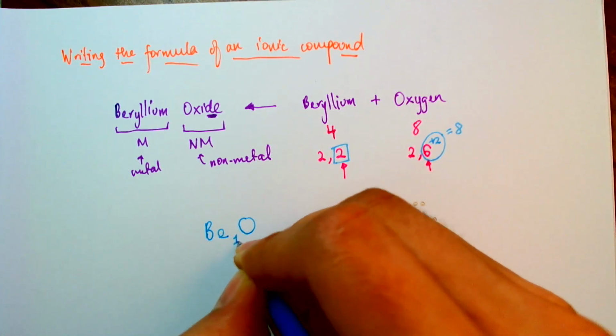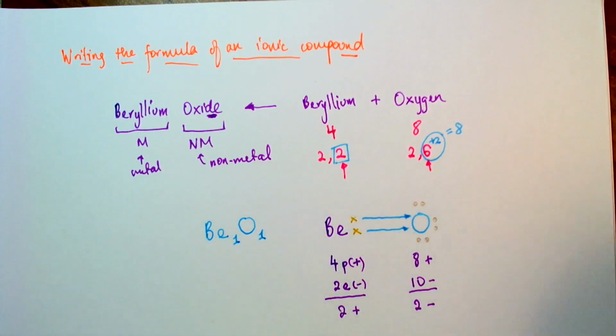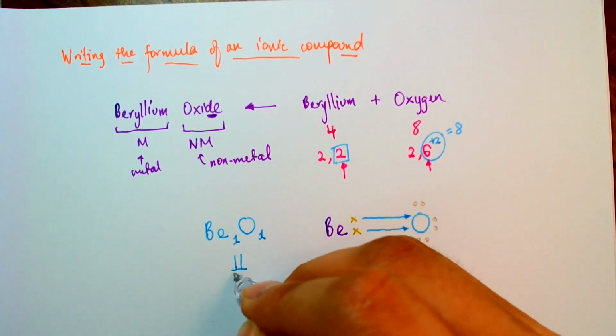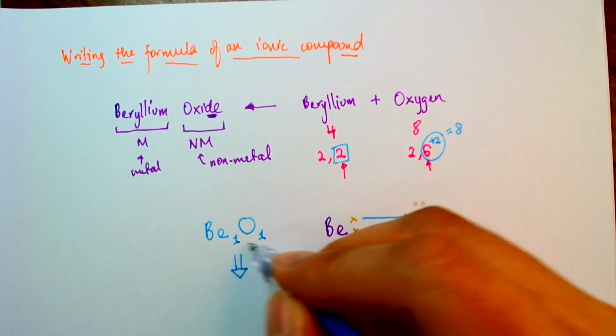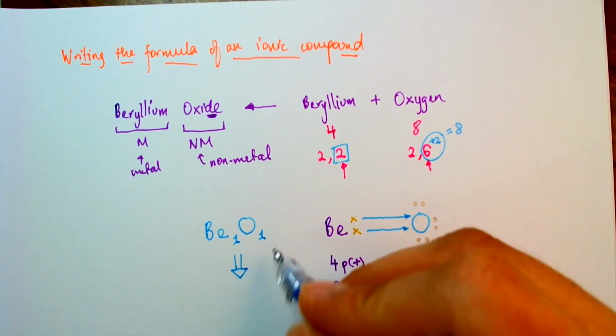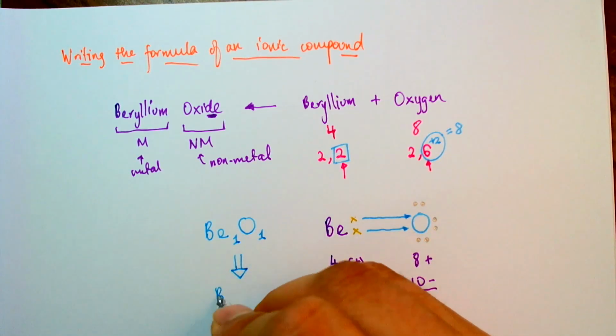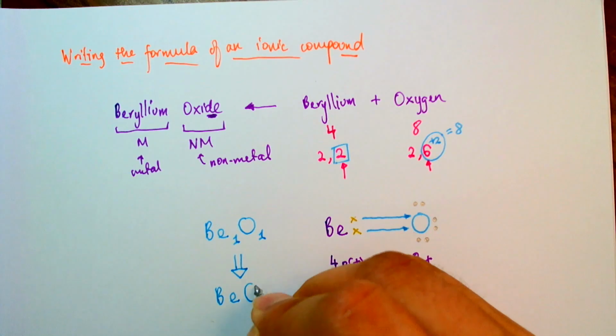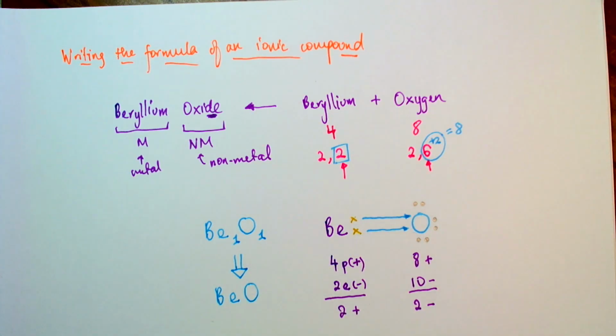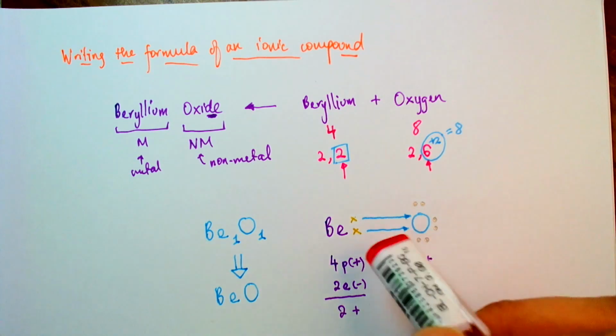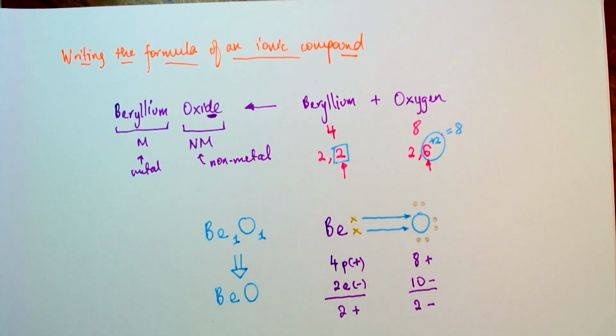Now I could have written Be1O1, but the 1 is implicit. We only start writing numbers if you have 2 or more. So I end up with just BeO.